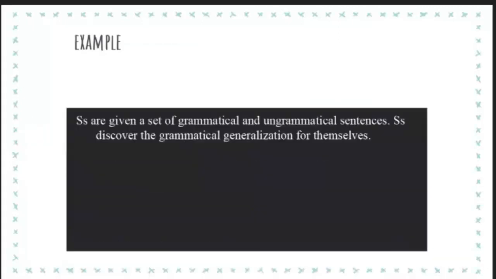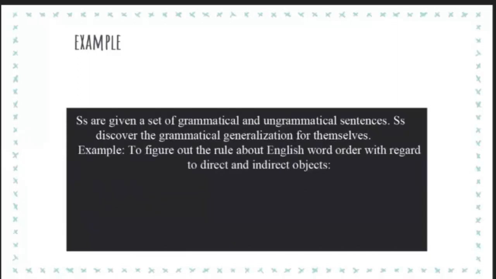Look at the example here. We give students a set of grammatical and ungrammatical sentences, and students discover the grammatical generalization for themselves, figuring out the rule about word order when it comes to direct or indirect objects. We give students a list.